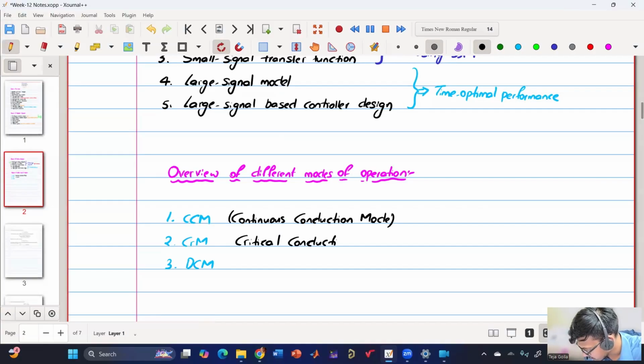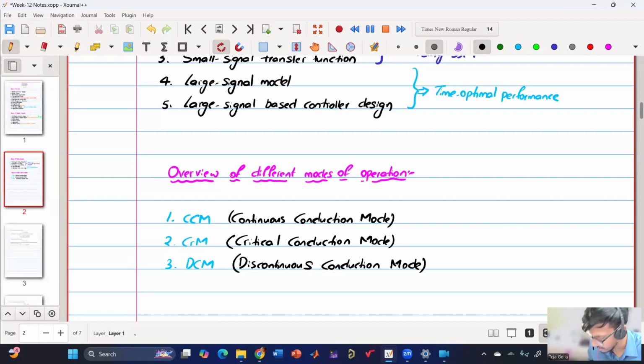So you wanted the condition for it to operate in the DCM, right? Yes, sir. In DCM, an expression for I0 and V0 are given. See, there are two things: one is the V0 expression for the discontinuous conduction mode, and the other is what the load resistance should be for it to operate in DCM.